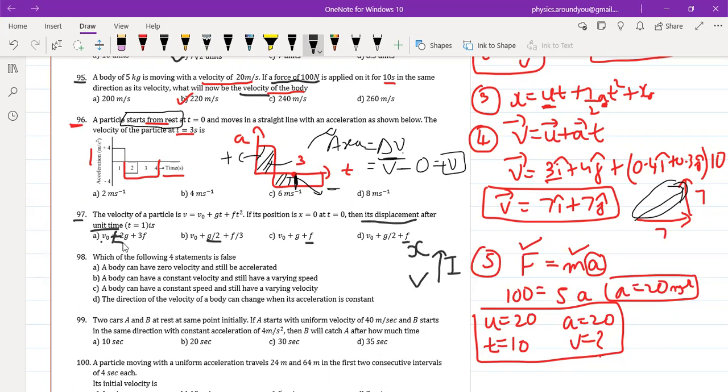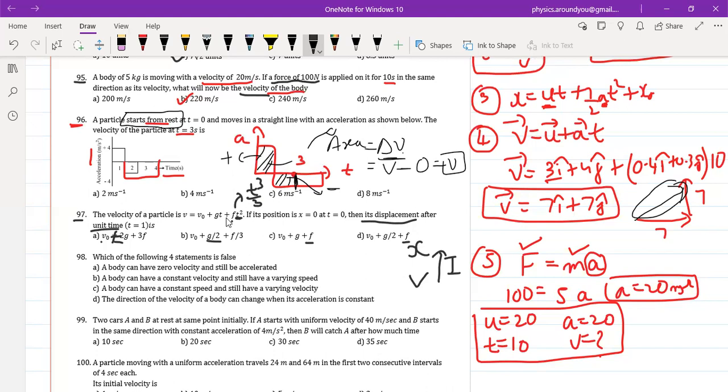So what we do is we have a look at this. Whenever you try to integrate this expression, t square is there. The integral of t square will always be t cubed by 3. So in the final, after you integrate, there will always be an f by 3 term.